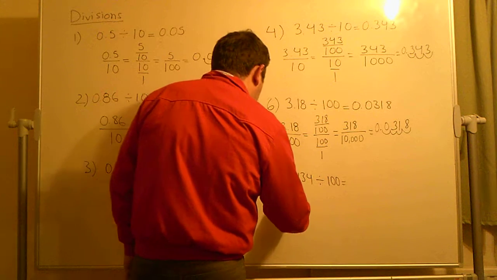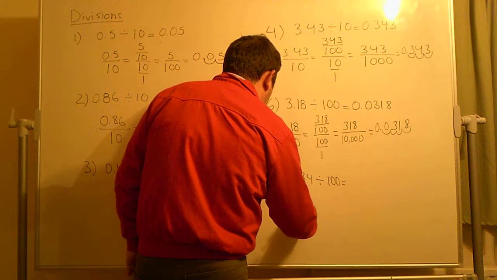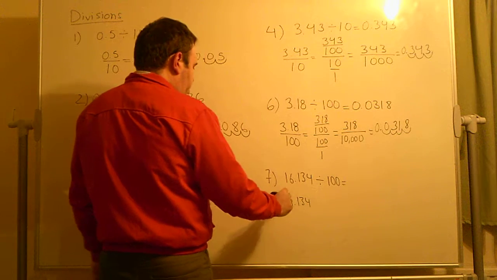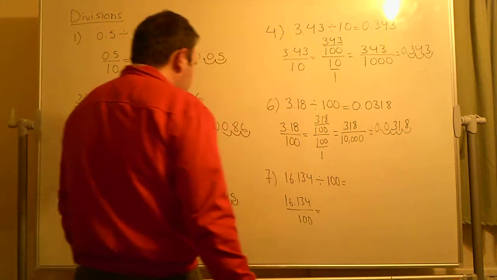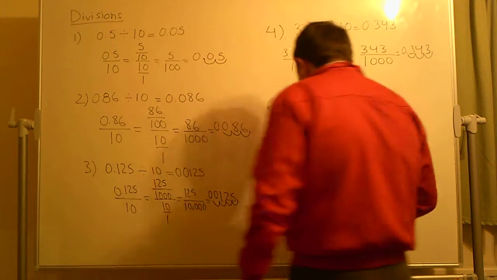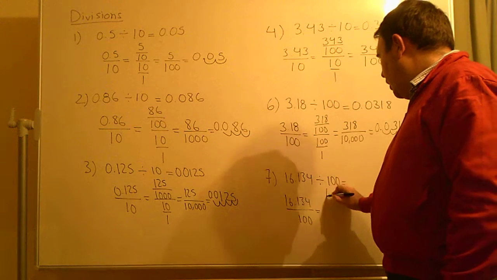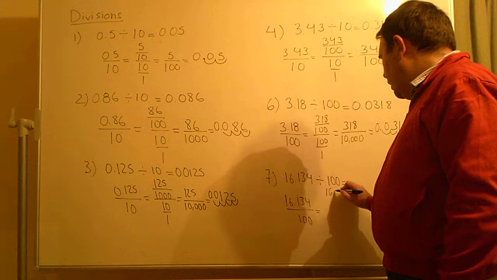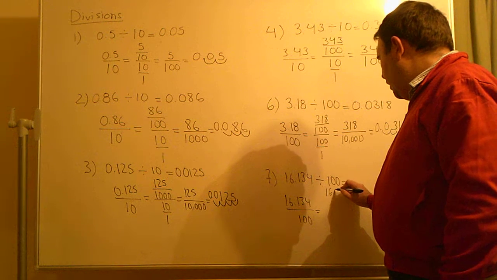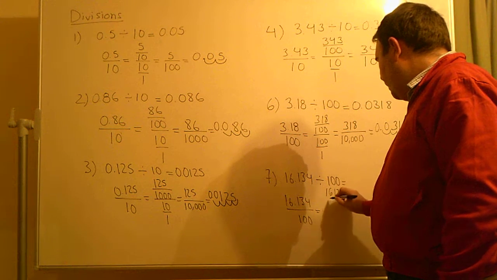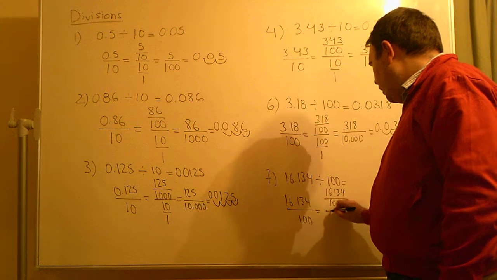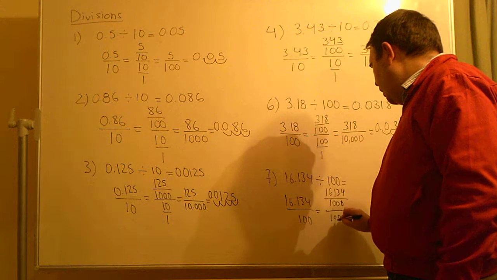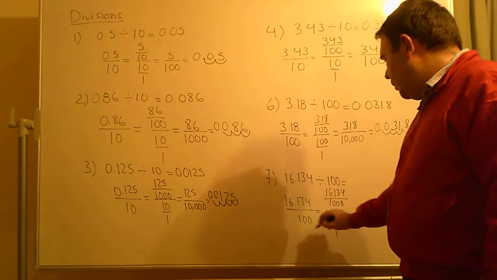So we can write it down like this: 16.134 divided by 100, and then we will have 16,134 divided by 1000 divided by 100 divided by 1.